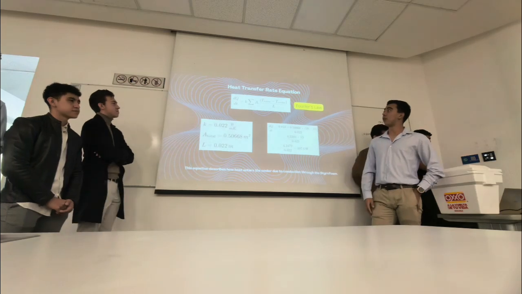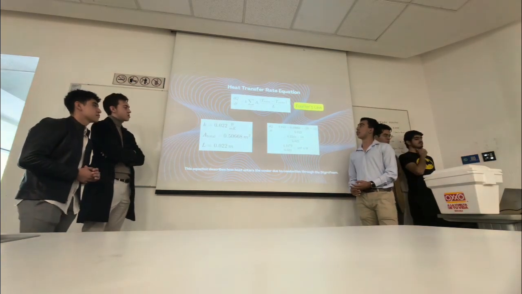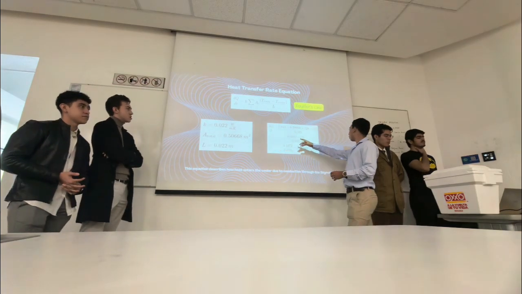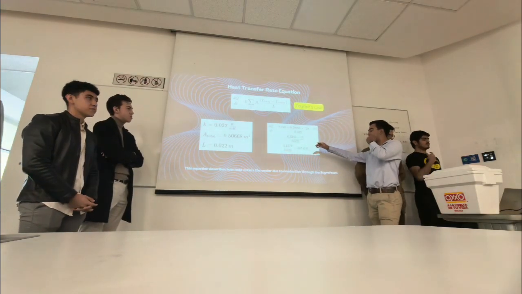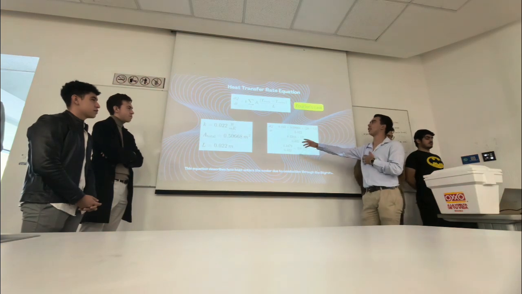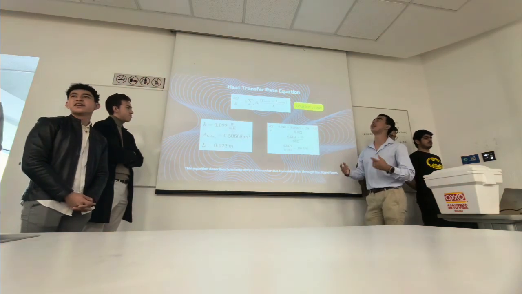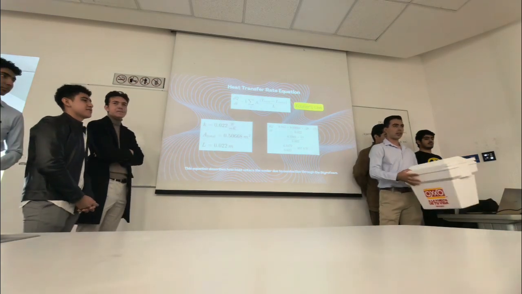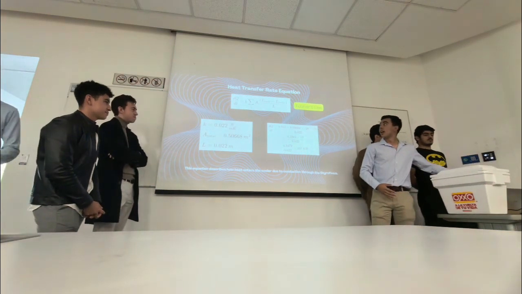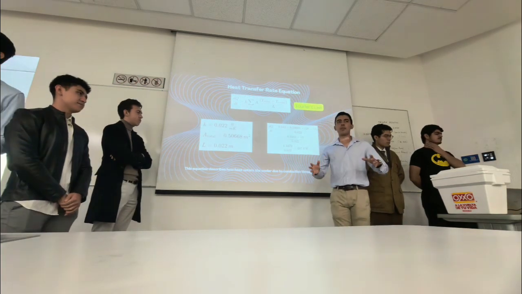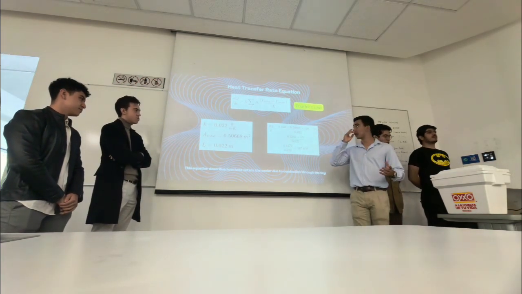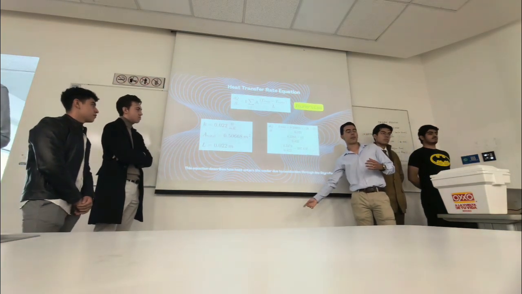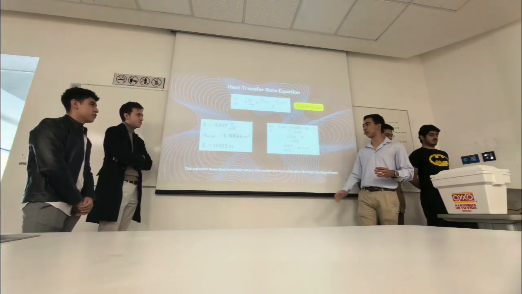Then this is another formula called the heat transfer rate equation. This is a very simple equation which uses K, the conductivity constant, the thermodynamic constant, times the sum of all the areas of the box, times the temperature of the room minus the temperature of the cooler at a certain point, over the specific latent heat value.